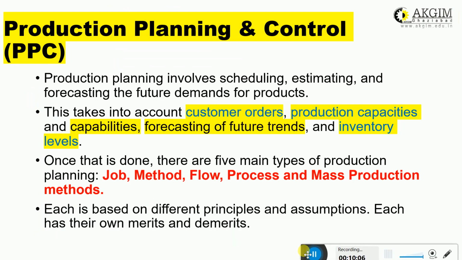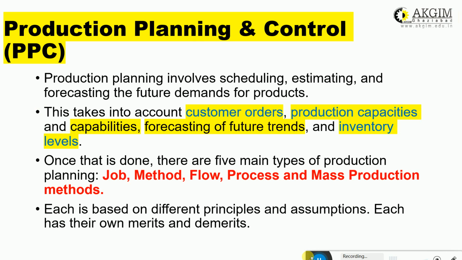So now coming to the next part of this important topic, that is material management, we talk more about production planning and control. Production planning and control, as the name suggests, is about creating a plan for future production within a manufacturing organization, and it involves scheduling, estimating, and forecasting the future demands for the product.